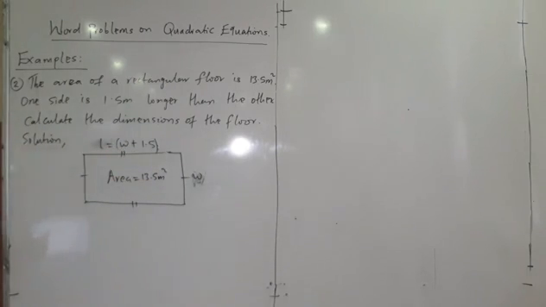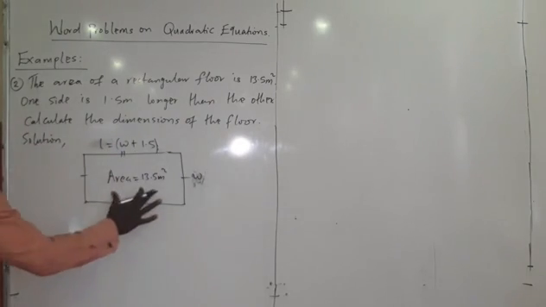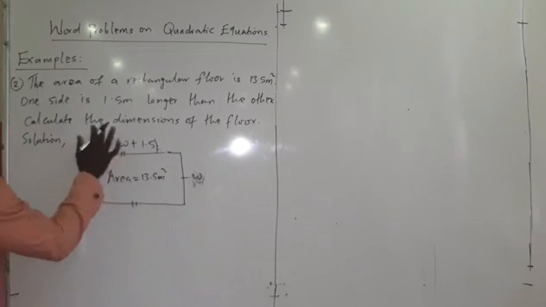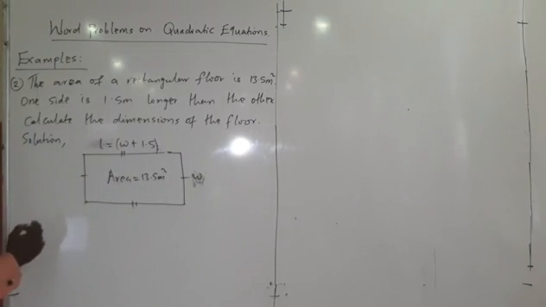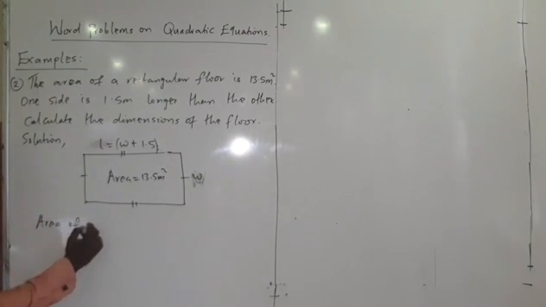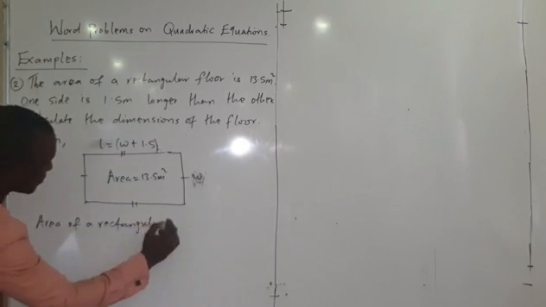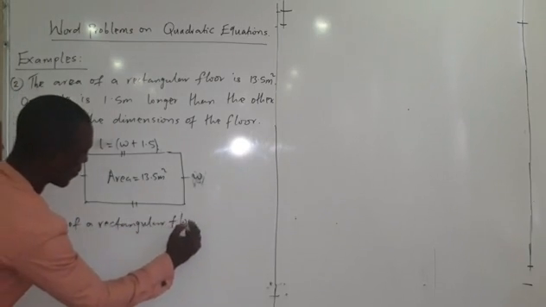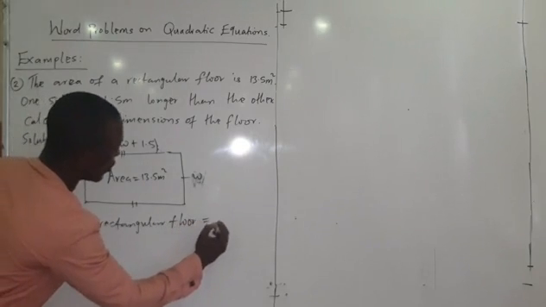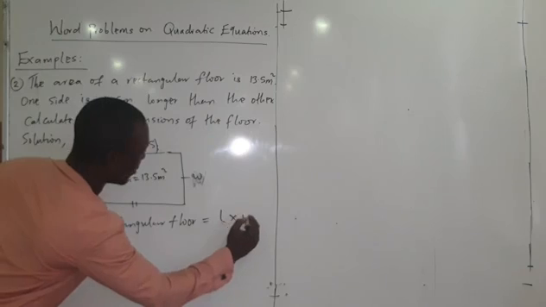So to know the dimensions of the floor, we must use the area of the rectangle. So what is the area of the rectangle formula? Area of a rectangular floor equals the length multiplied by the width.